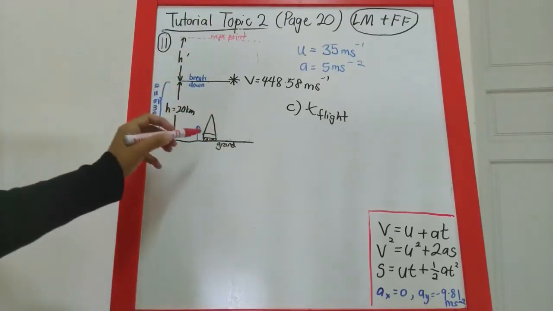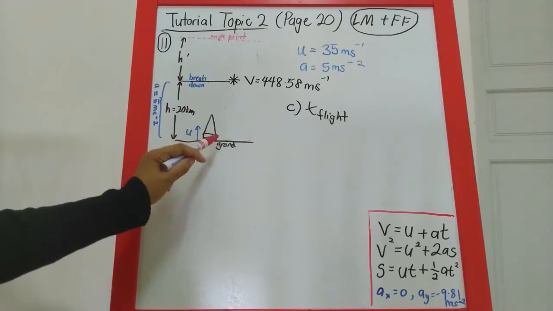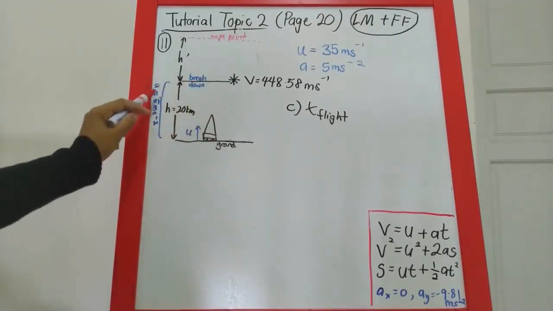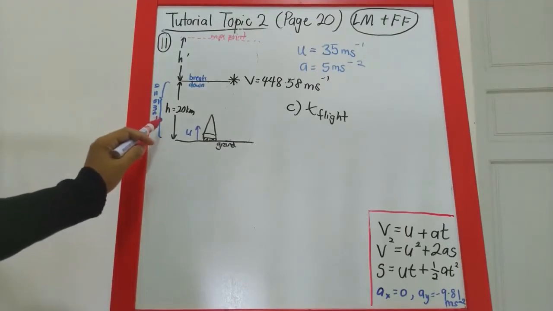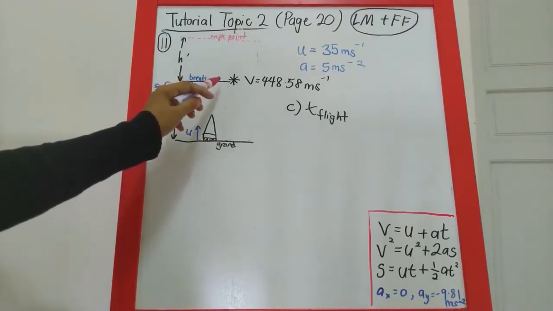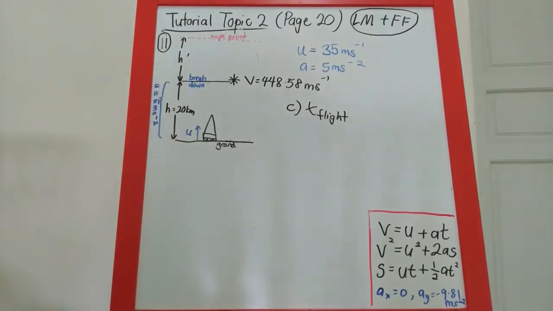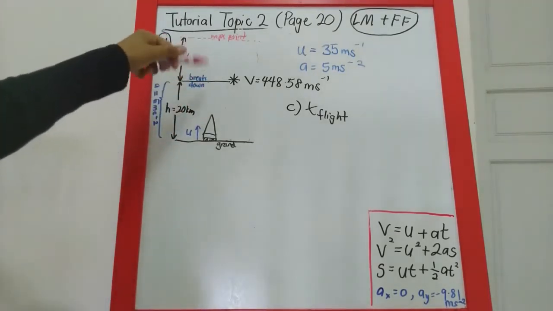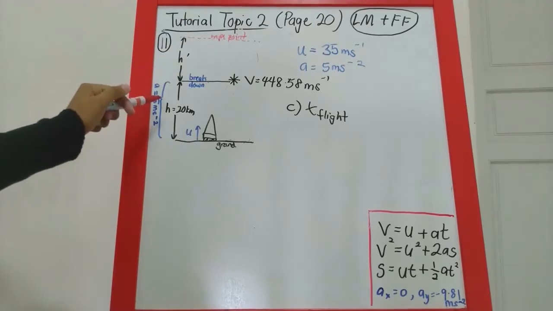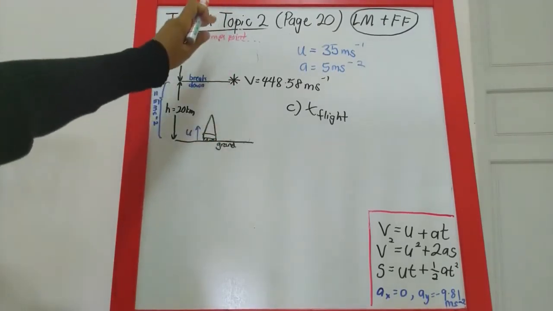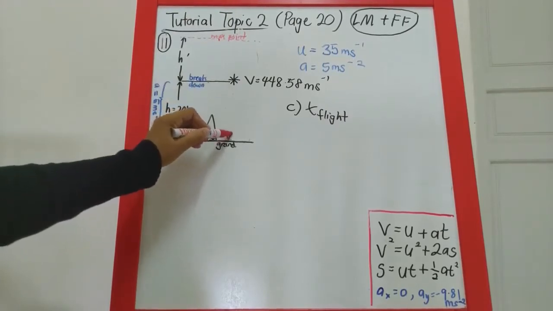Because for the rocket to move from here to here, it accelerates with 5 meters per second squared. But the moment it breaks down, the acceleration will become negative 9.81. So the different values of a mean that you cannot find the time simultaneously. You need to do it separately.